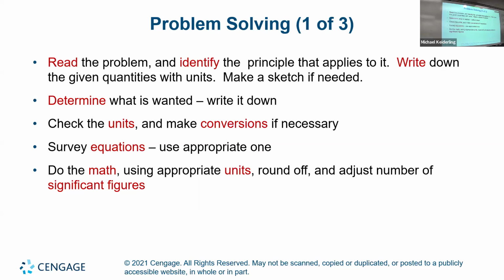And it's often very helpful to draw a picture, because then you can figure out what you should be looking for. Determine what's being asked for, write it down. Then check the units and make conversions if that's necessary.